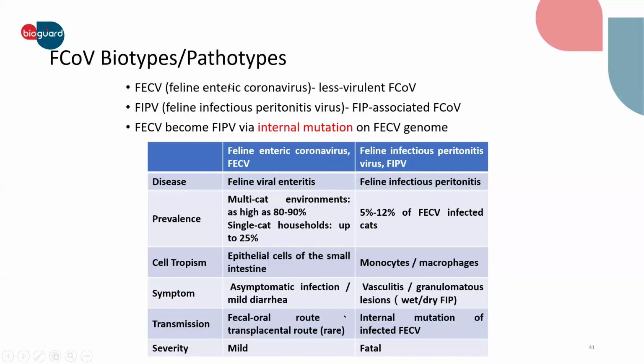The relationship between FECV and FIPV is that usually in the environment, the cat becomes infected with FECV. And if the cat cannot get rid of the FECV from its body, the FECV will keep mutating inside the cat's body.